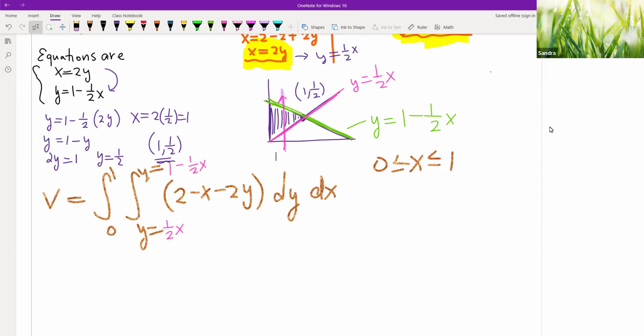This is a quick side note. If I wanted to do the other one, I would have to come in through here and exit through the pink, then come up through here and exit through the green. So we would have 2 different setups, and therefore 2 different integrals, if we do it the other way around.